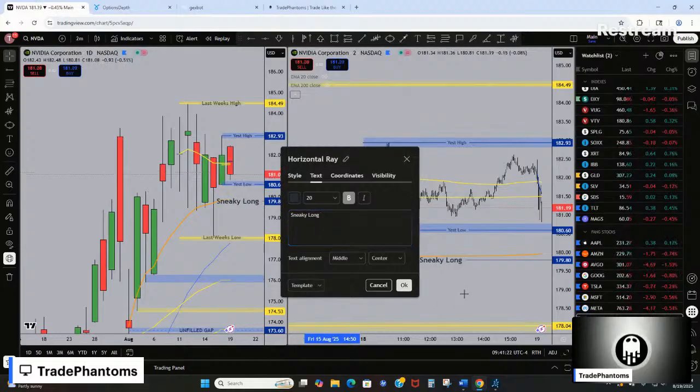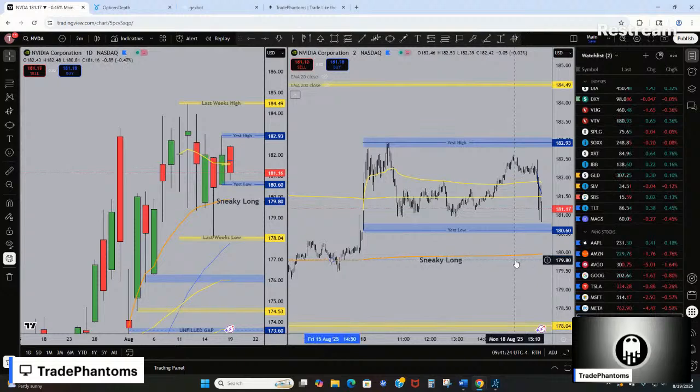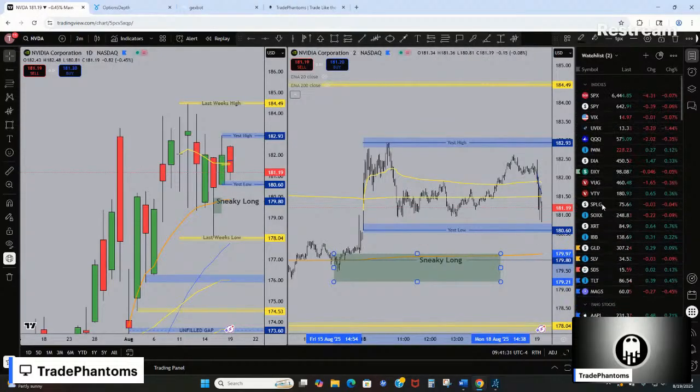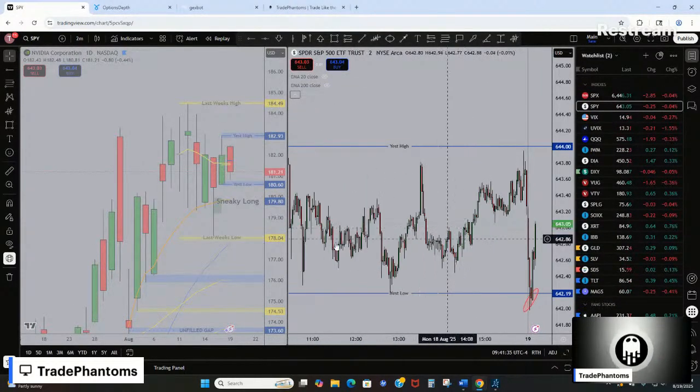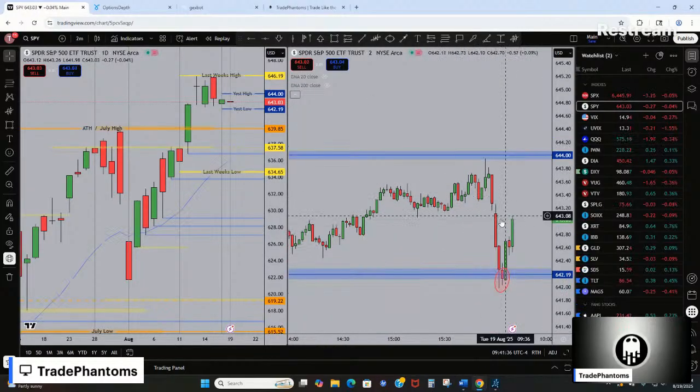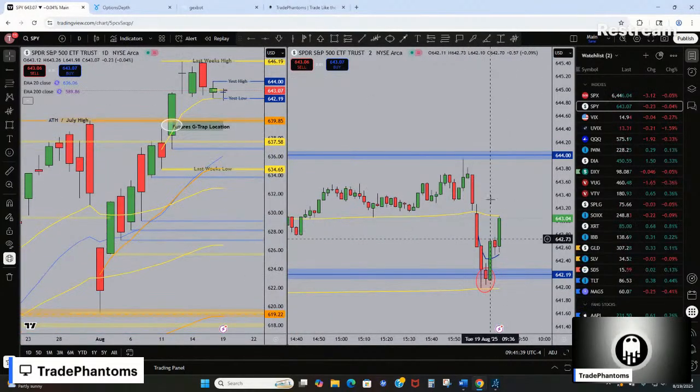And you can see SPY just swiped yesterday's low and is right back up in the mid-range.